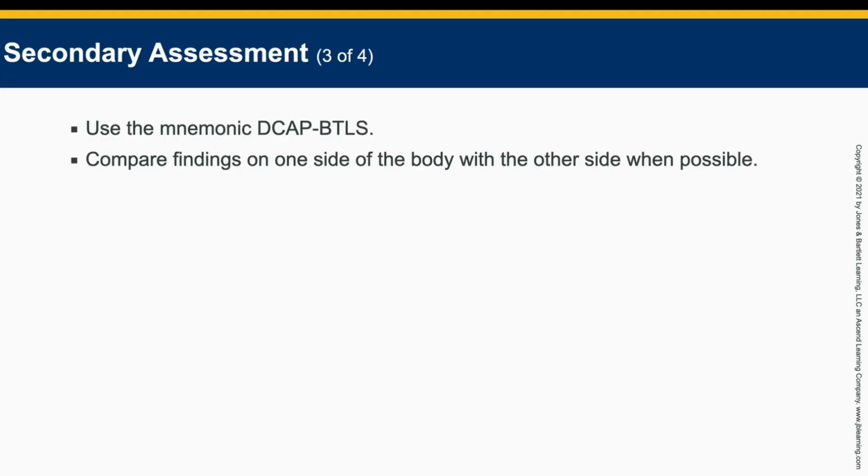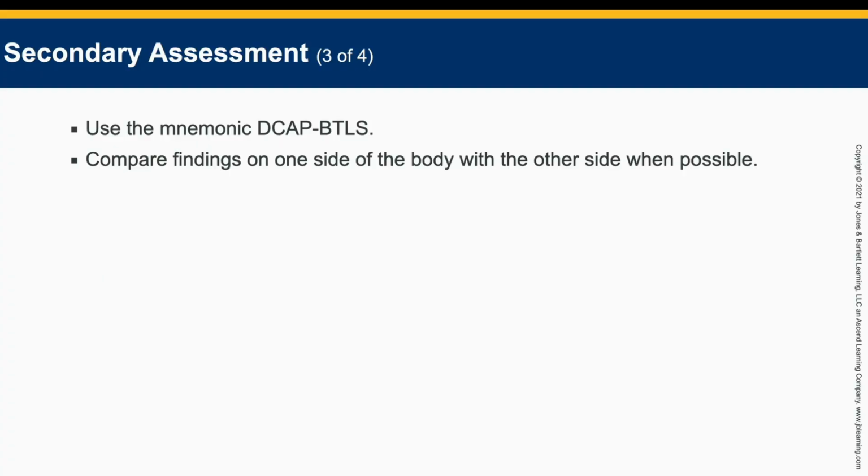During the secondary assessment, we might use mnemonics. The DCAP BTLS mnemonic stands for deformities, contusions, abrasions, punctures and penetrations, burns, tenderness, lacerations, and swelling. As you examine each area of the patient's body, you're looking and feeling for any of these signs of injury. This mnemonic helps ensure that you perform a thorough and consistent physical exam during your head-to-toe assessment.